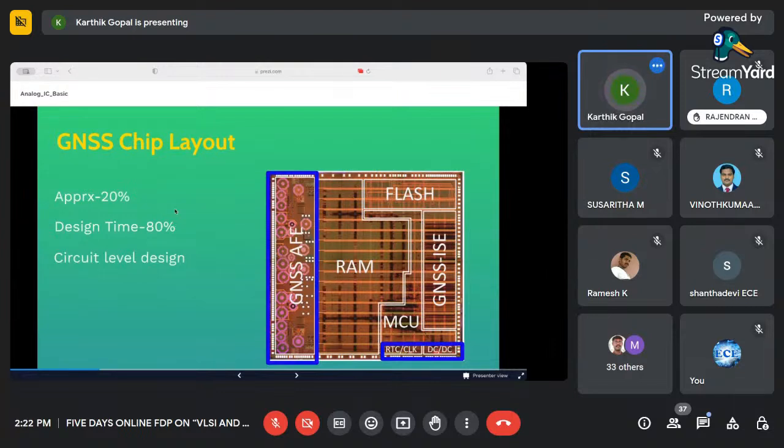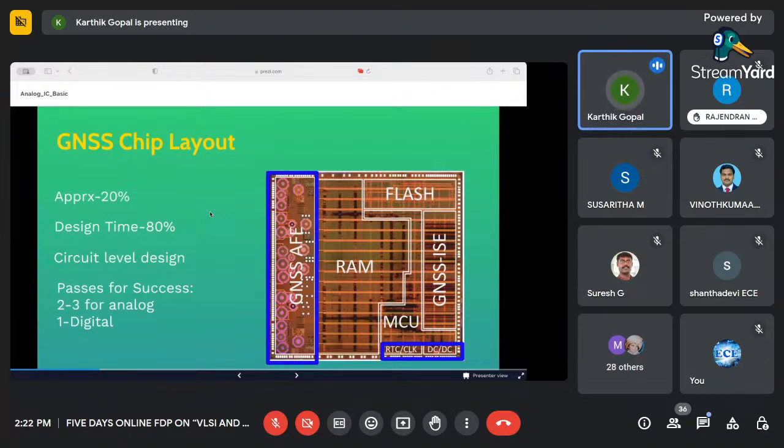One more strange thing, and it's the toughest thing: the number of passes for success is 2 to 3 times for analog. When you make a chip, let's assume this whole blue color marked Genesis AFE, it takes 2 iterations to make it work. But for digital, it is 1 iteration.